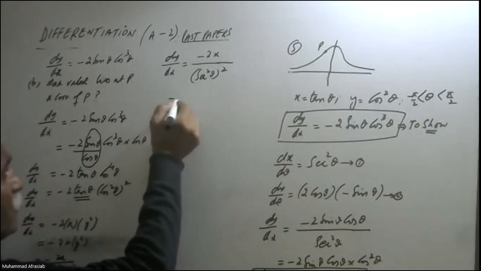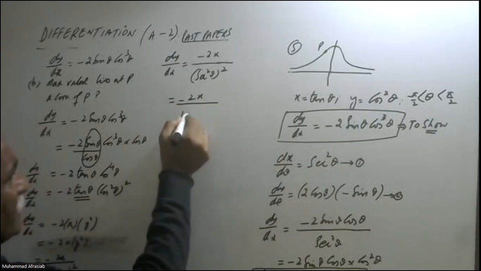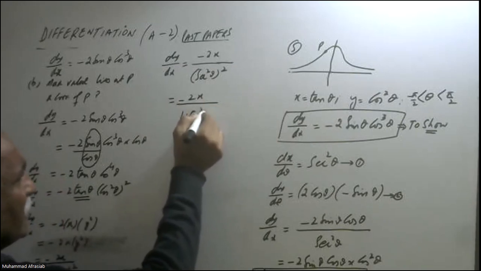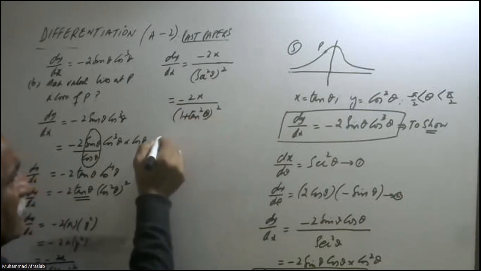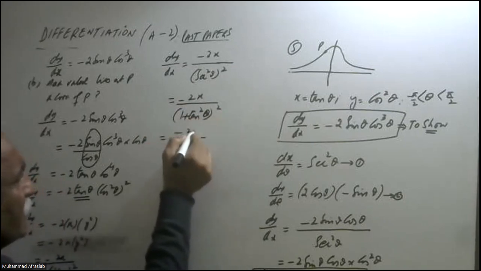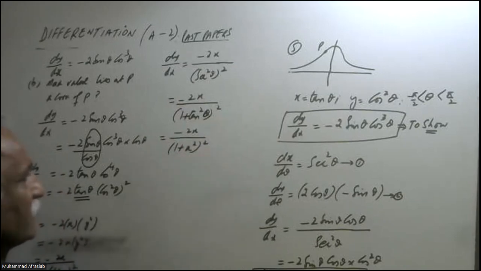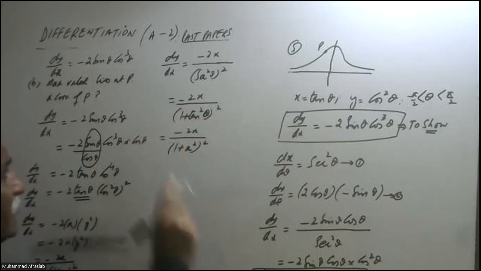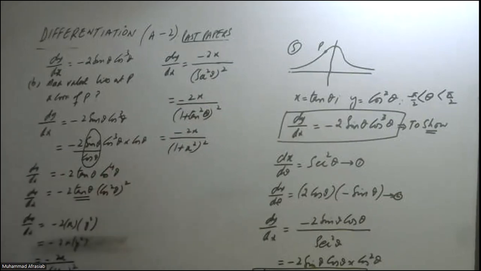This is equal to minus 2x over secant square theta, which is basically equal to 1 plus tangent square theta whole square. So that is equal to minus 2x over 1 plus x square and whole square of that. Basically, now you have converted this whole expression in terms of the parametric form of x and y.